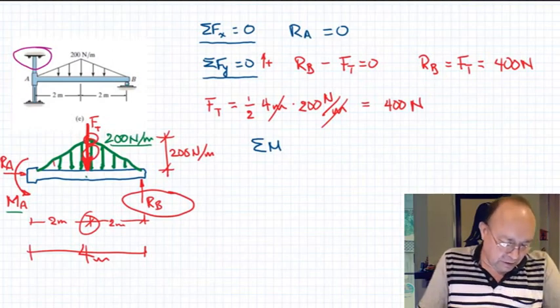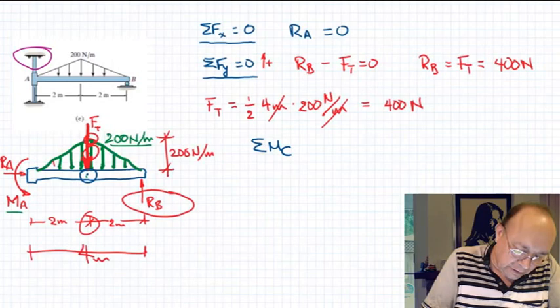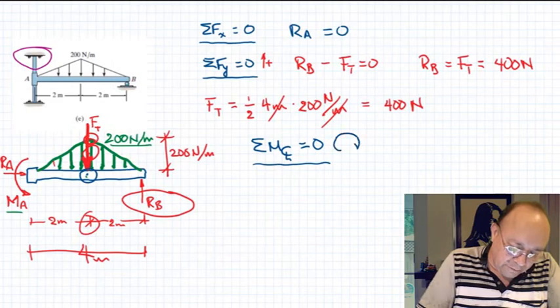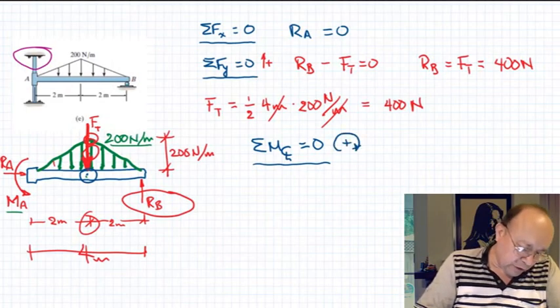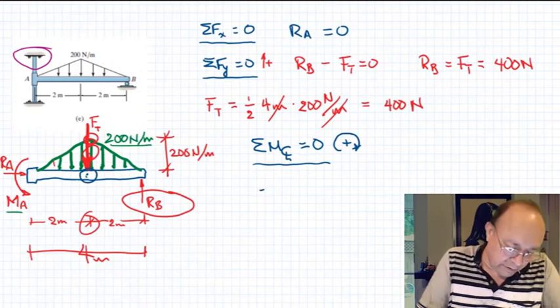So let's put summation of moments about the center of the beam. The center line of the beam has to be equal to 0. So I'm going to do positive clockwise. So I have here, I assume moment A to be counterclockwise, so it's going to be negative, minus MA.